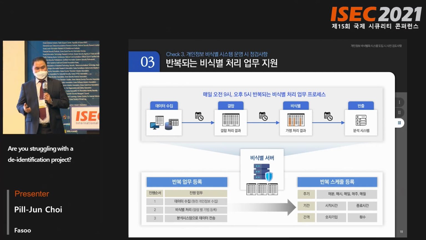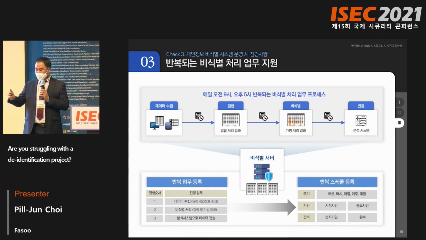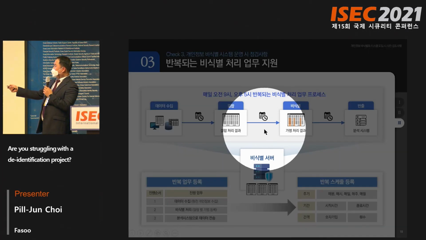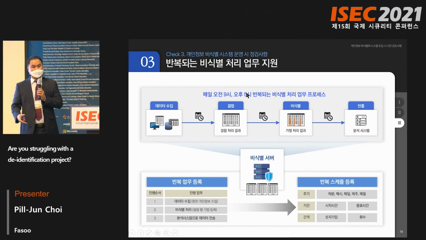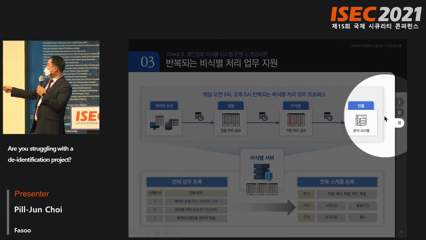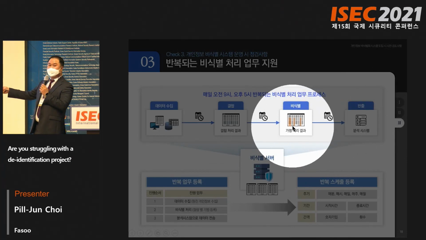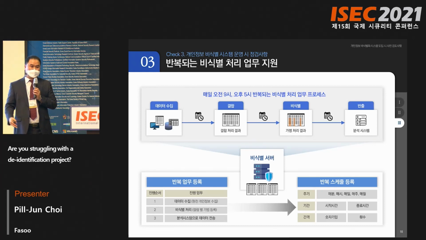And next, I want to talk about the repeated and routine de-identification work. Let's say this company repeats the de-identification process from 9 to 5 every day, using the same target system and the same techniques.